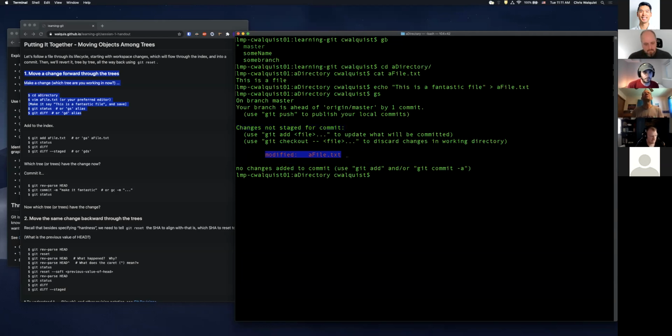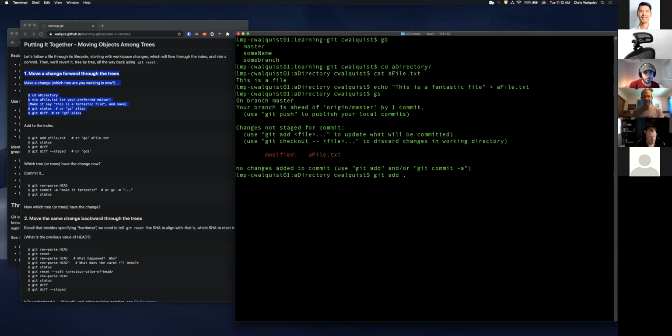But our workspace has been changed, right? So we git add, we can say the specific file, or we can just say git add space dot, and that takes everything that's different, including your untracked stuff.